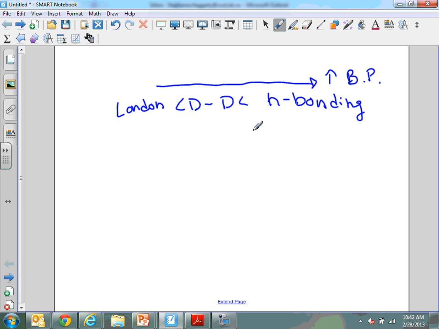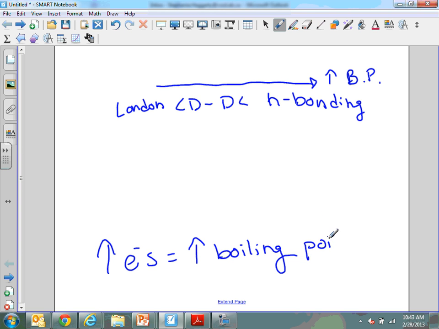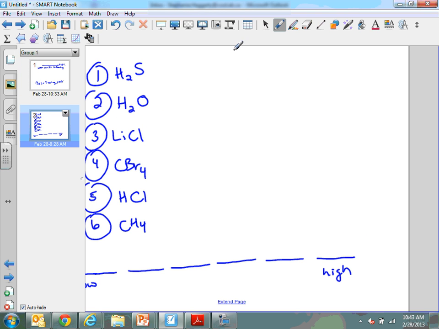If two compounds have the same intermolecular forces, then we look at the number of electrons, because number of electrons can also increase the boiling point when we're comparing two substances.